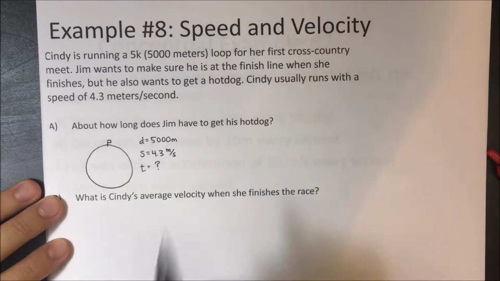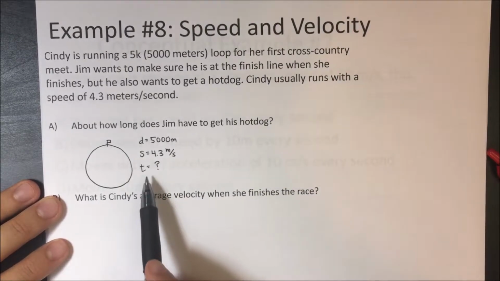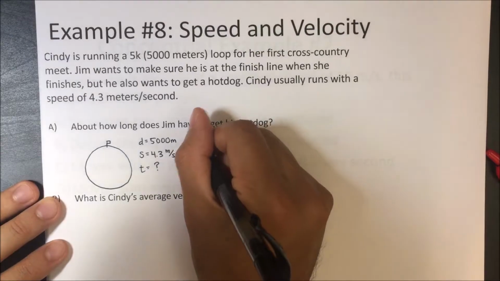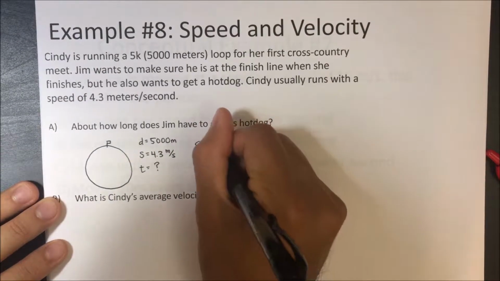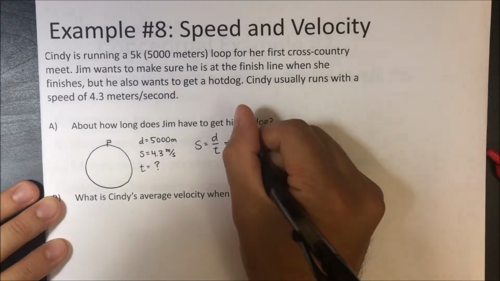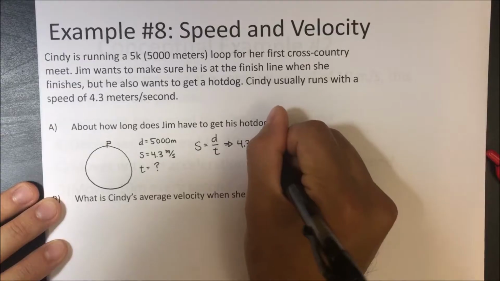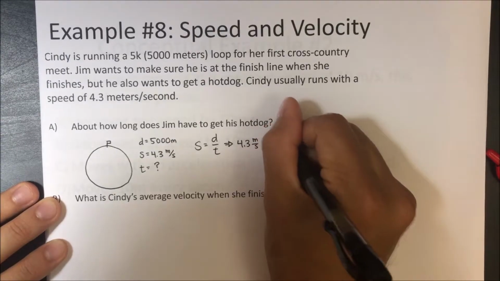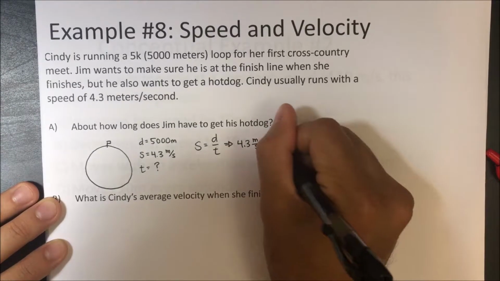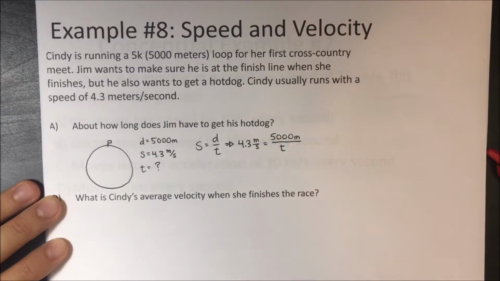Okay, so now that we have our knowns and our unknown, we're looking for this time. We know speed is equal to distance over time. That being said, she's running with the speed of 4.3 meters per second, she's running a distance of 5,000 meters, and we want to know how long this is going to take.